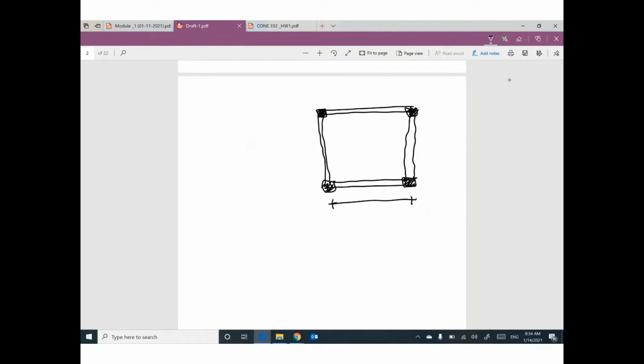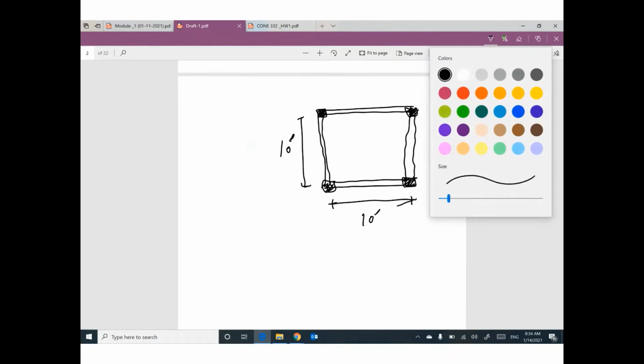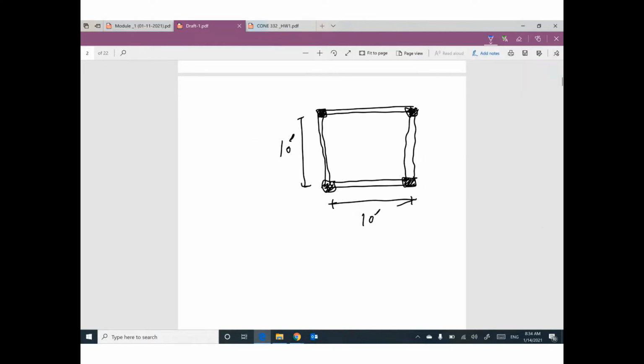This dimension is 10 feet. This dimension is 10 feet. So this shape is square. Okay, square or not, I don't care. So longer divided by shorter equals... Which dimension is longer?